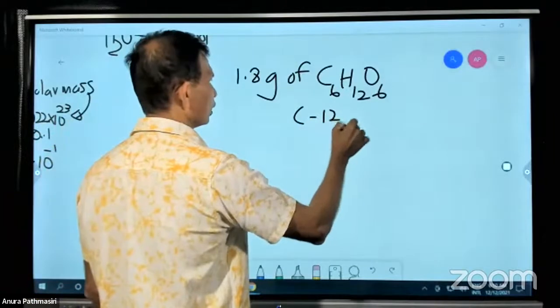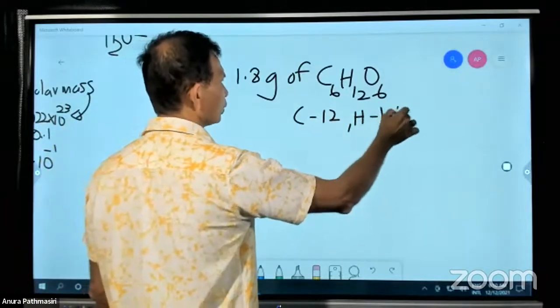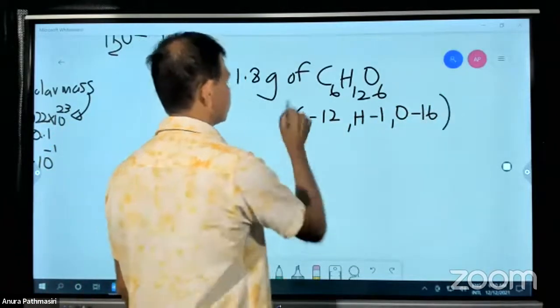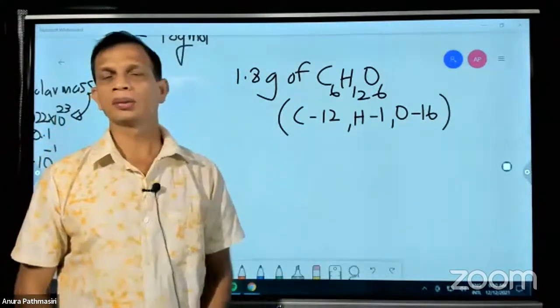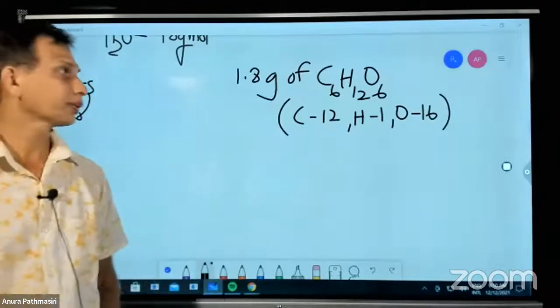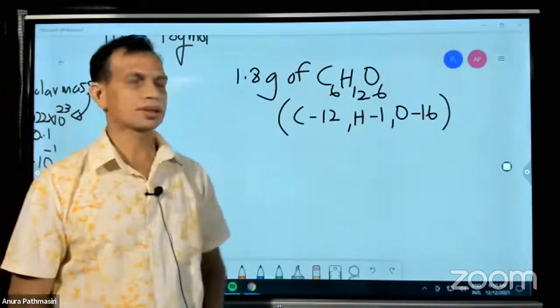C is 12, H is 1, O is 16. Tell me the amount of glucose molecules available.